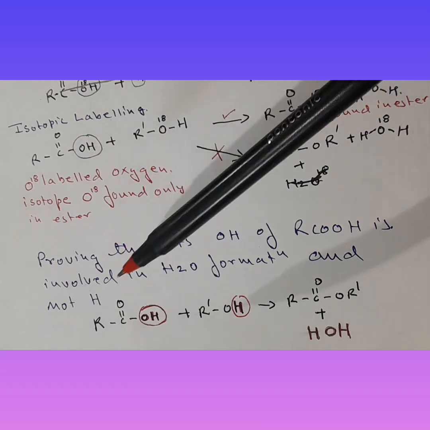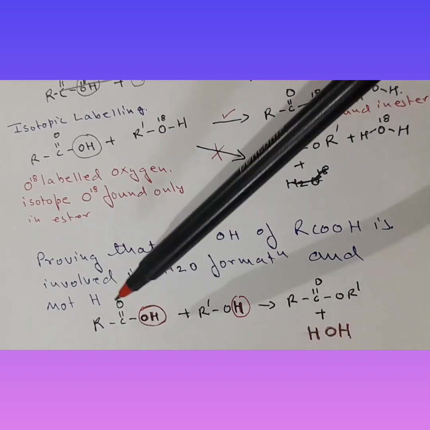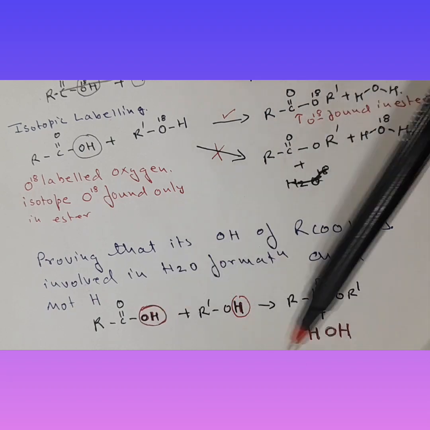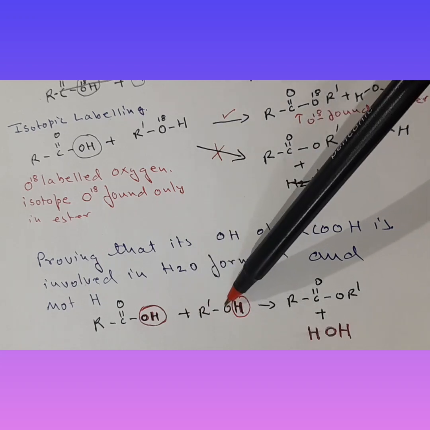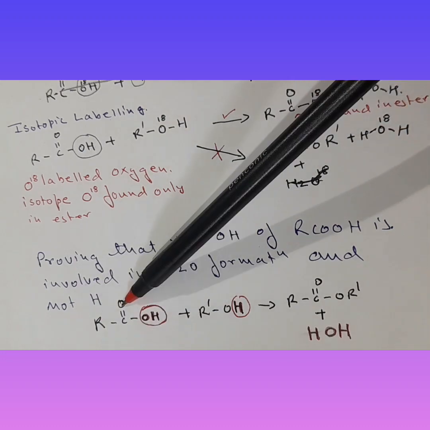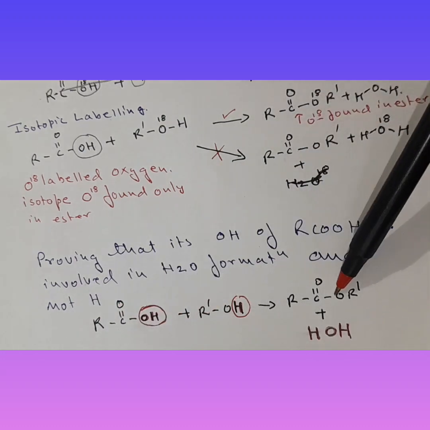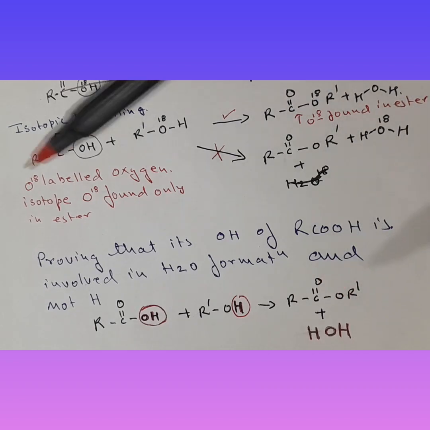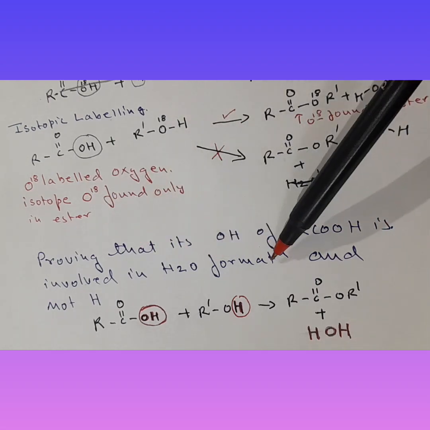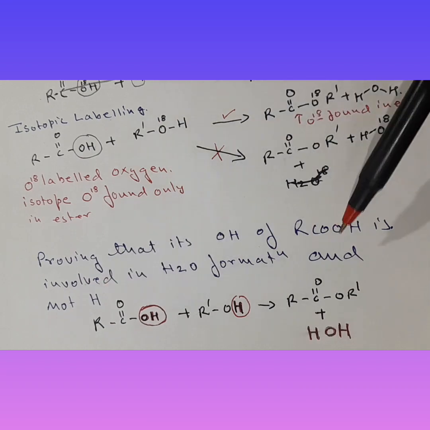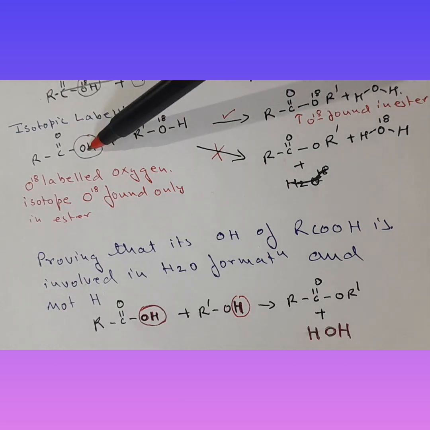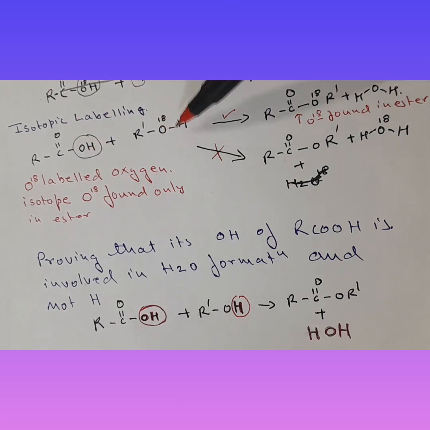So we can write the reaction like this: RCOOH plus R prime OH, where H and OH combine to form water as a byproduct, and this alkoxide part and this part combine to form the ester. So this proves that it's the OH of the carboxylic acid that is involved in water formation and not the H. We always used to feel that it was the H from here and the OH from here that formed water, but it's not true.